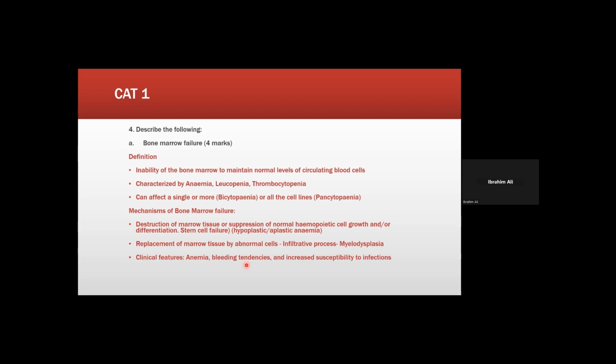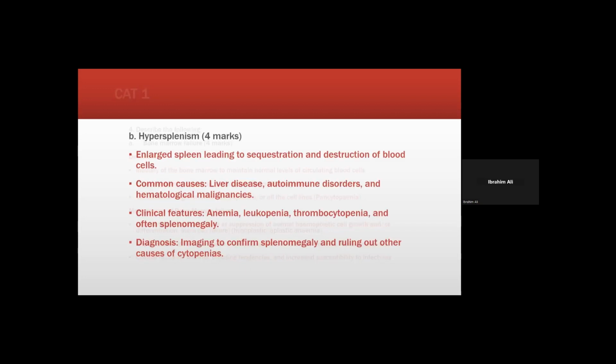The next term they want you to describe is hypersplenism. I want you to understand very clearly the difference between hypersplenism and splenomegaly. Hypersplenism means a hyperactive spleen.